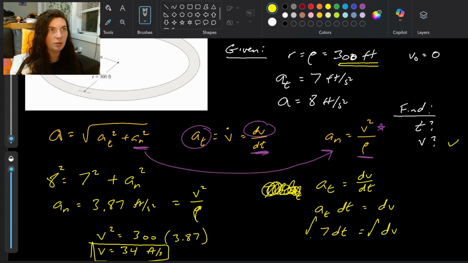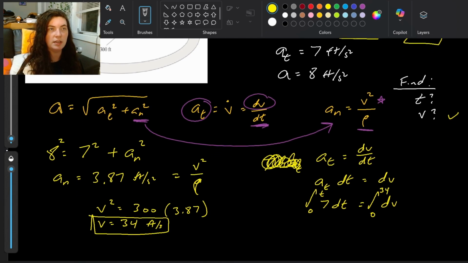Our time starts from t equals 0, and we don't know what time we're going to. This is what we're solving for. For our velocity, we were given an initial condition of v naught equals 0, and we know that final velocity condition. At the time of interest, the velocity is 34 feet per second. That gives us our upper bound of 34.